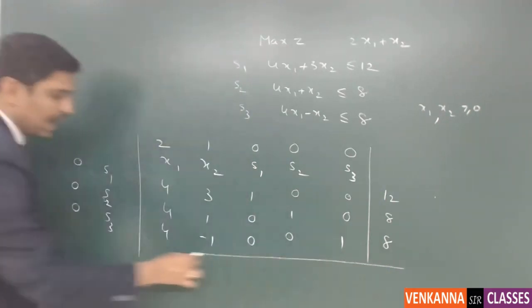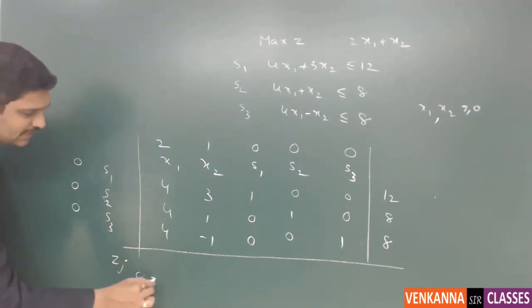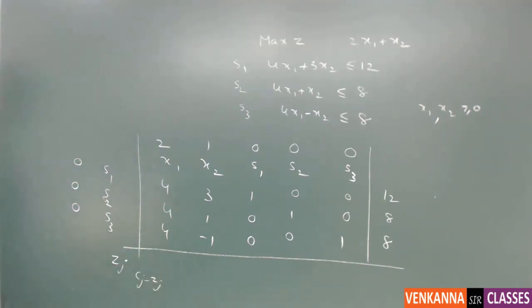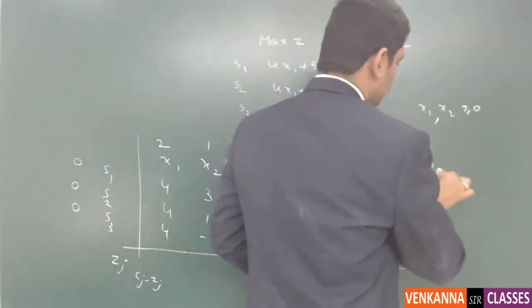Now, I left the part with you to calculate Zj as well as Cj minus Zj. Just give me what is the key column we need to consider here. This is the solution, and later we go for the ratio.